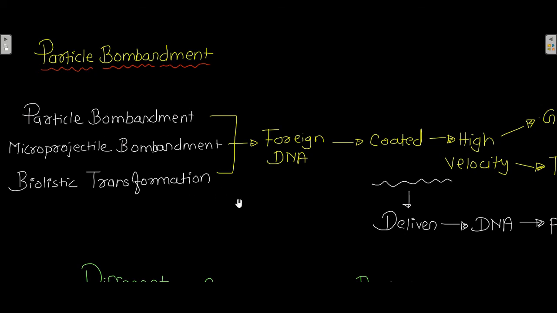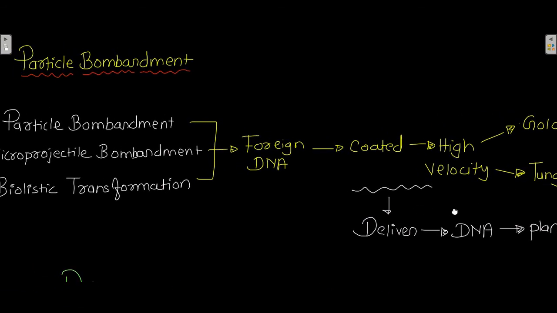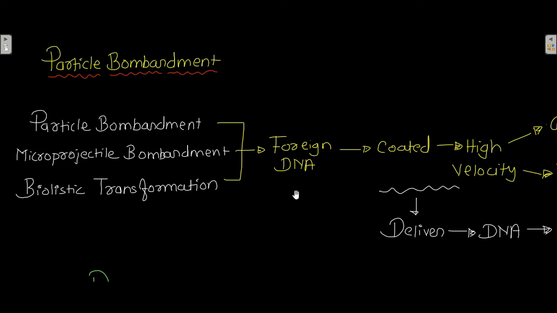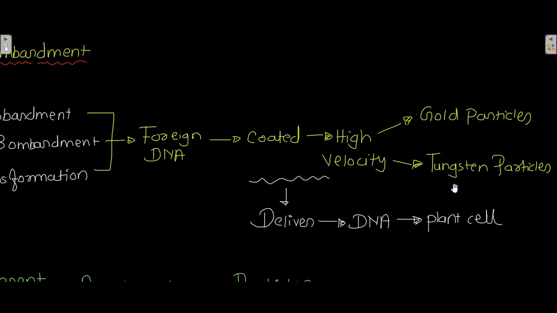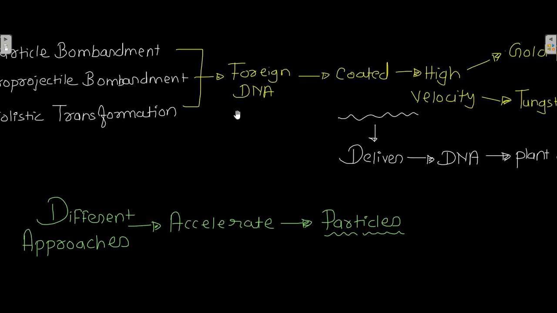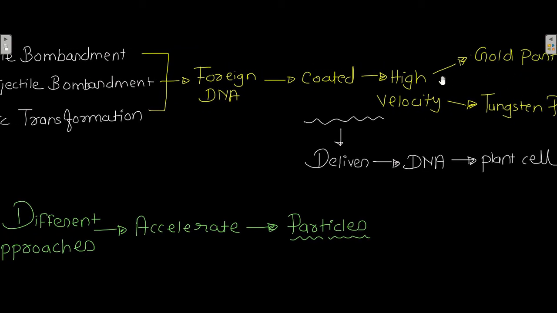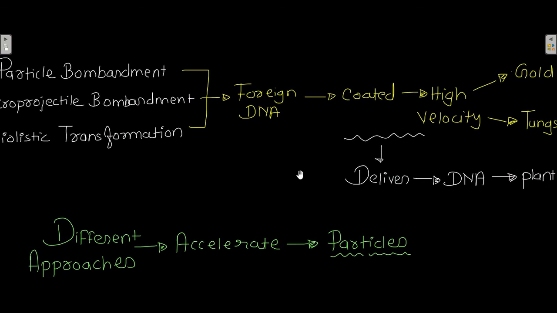What happens in this process is that foreign DNA coated with high velocity gold particles or tungsten particles delivers the DNA into the plant cell. Now different approaches are used to accelerate these DNA-coated gold or tungsten particles.